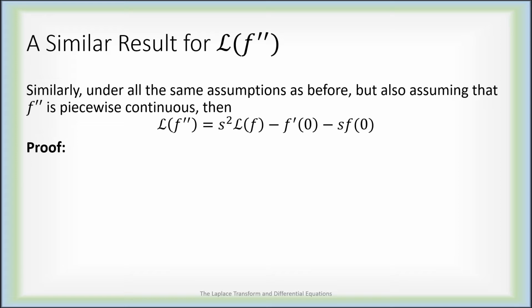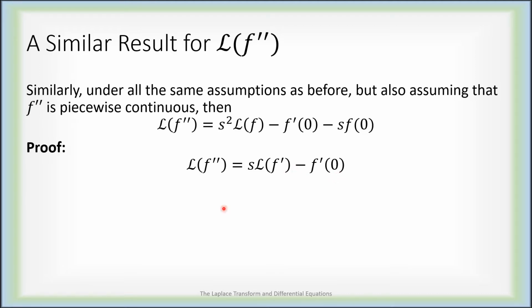The proof is actually quite fast. The first theorem said L of the derivative is s times L of the function minus the function at 0. But now my function is f prime. So what's the derivative of f prime? It's f double prime. So L of the derivative is s times L of the function minus the function at 0.